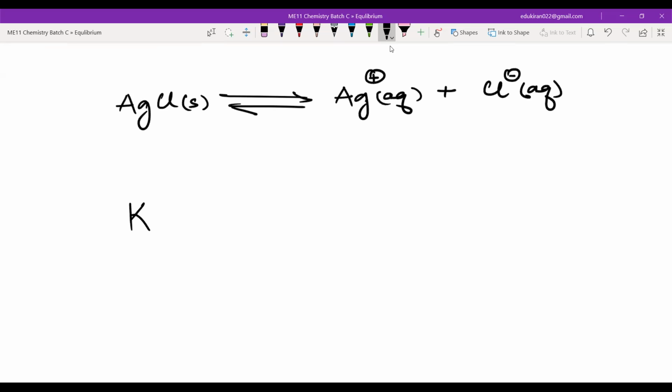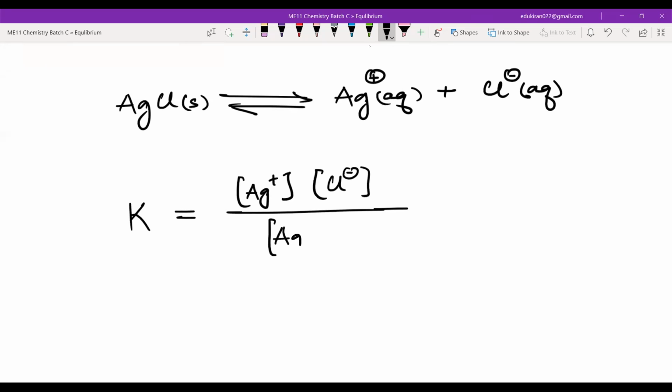Right? Now tell me what will be the equilibrium constant for this case. What will be the equilibrium constant? Concentration of products upon reactants, guys. Can somebody please help me? Ag positive into the concentration of Cl negative divided by the concentration of AgCl.